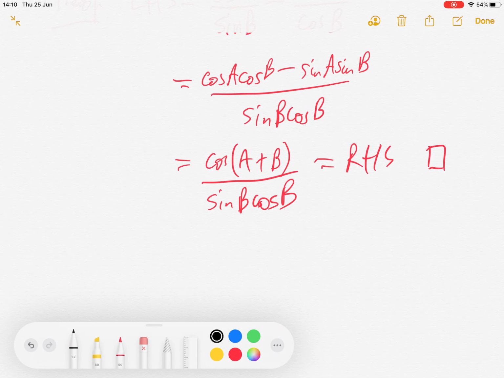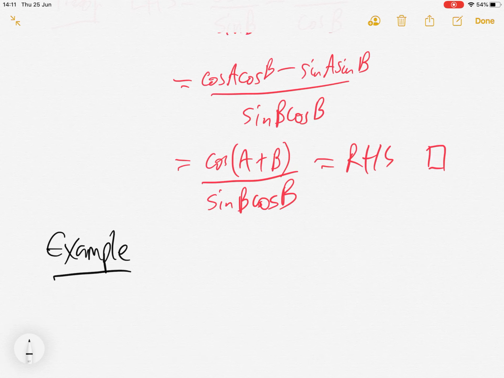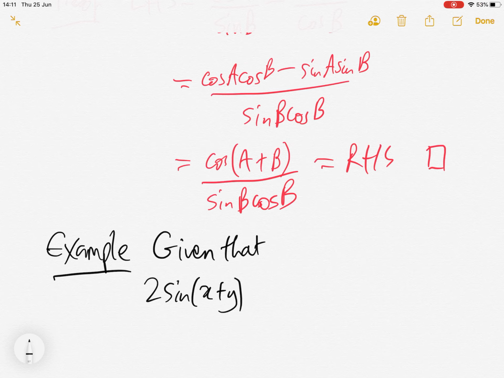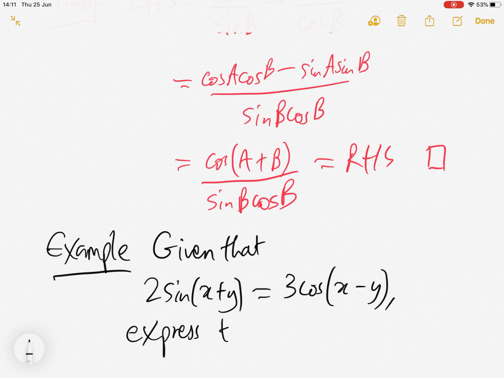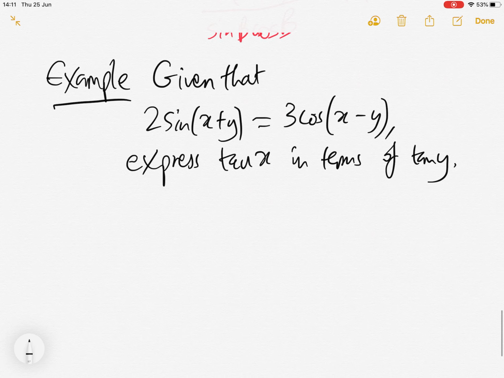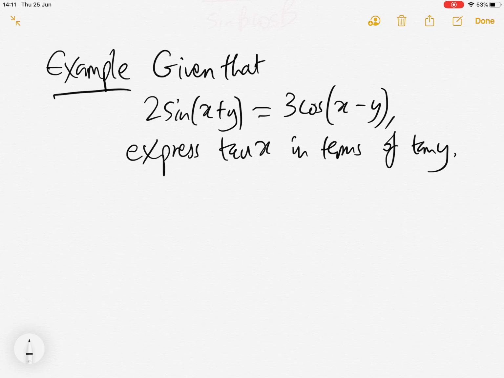And then one final example. Given that 2 sine x plus y is 3 cos x minus y, the question is express tan x in terms of tan y. So this is a reasonably difficult question at this stage, I think. So let's see.